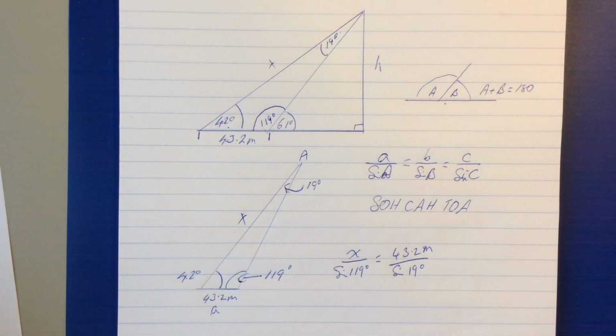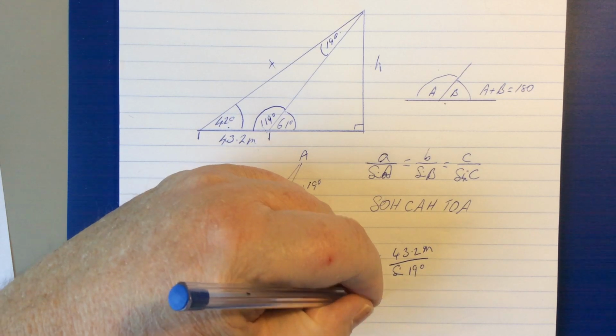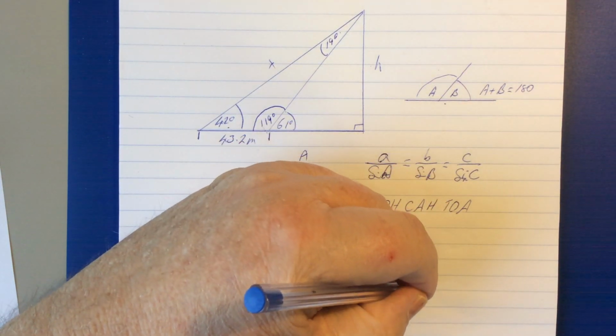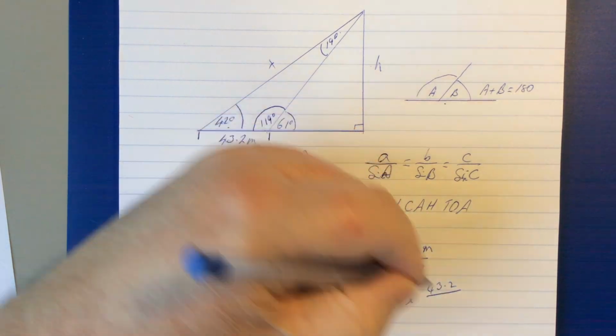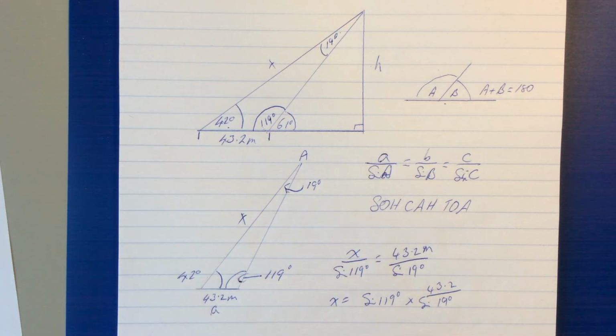So tidy that up, and we get x equals the sine of 119 degrees times 43.2 over the sine of 19 degrees. Right, into the calculator with all of that, and let's go to work.